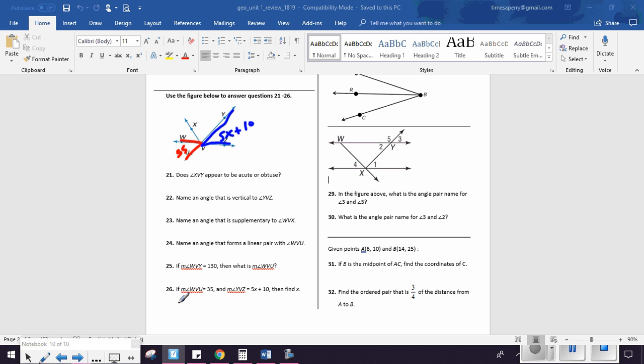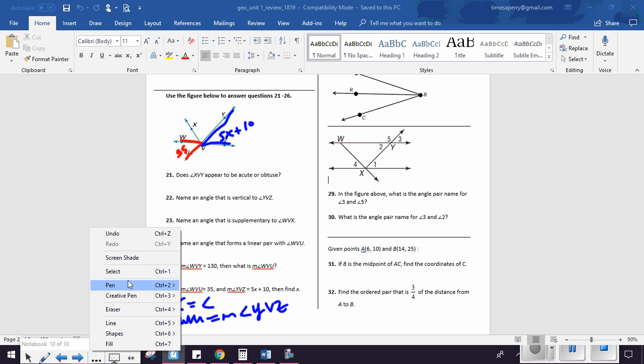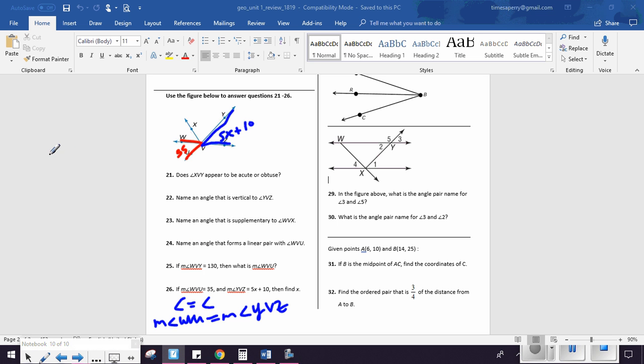So this is where we'll do angle equals angle. The measure of angle WVU is equivalent to the measure of angle YVZ. That's the geometric equation; now sub in the expressions. 35 is equivalent to 5x plus 10. Let's solve for x by first subtracting 10, which gives you 25 equals 5x. Then divide by 5, so 5 is equal to x.